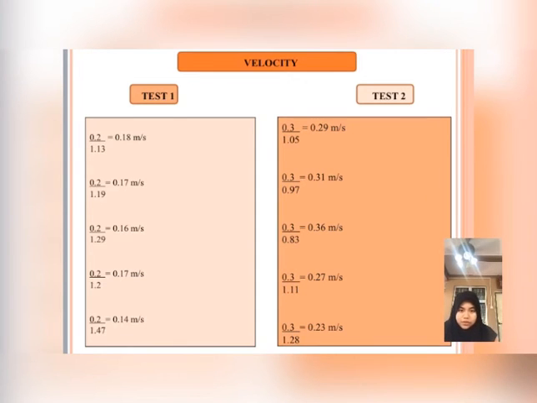And last, 0.3 divide 1.28, the equals is 0.23.